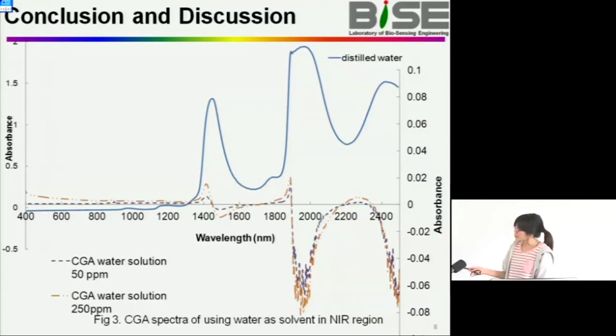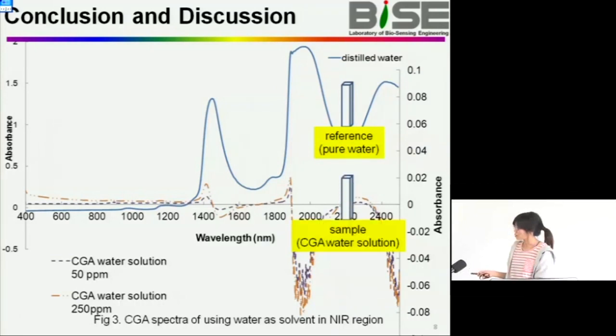We can see that water absorption is more than 1.5, and the CGA absorption is just 0.02. So compared to the reference pure water, our sample CGA water solution contains a lower water concentration, so the absorption of the sample is lower than the reference, and then the spectrum becomes negative.